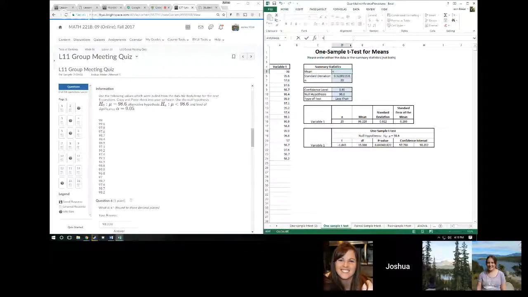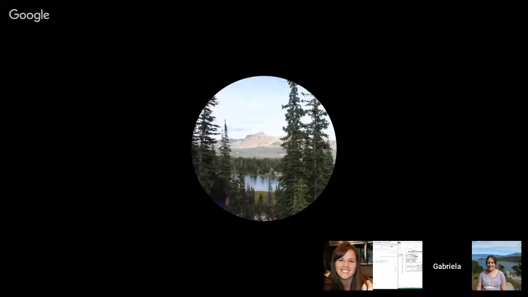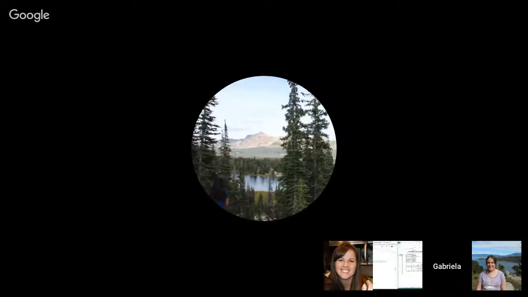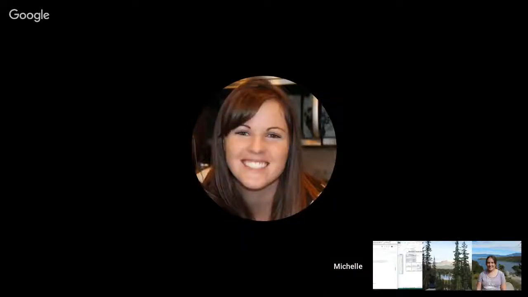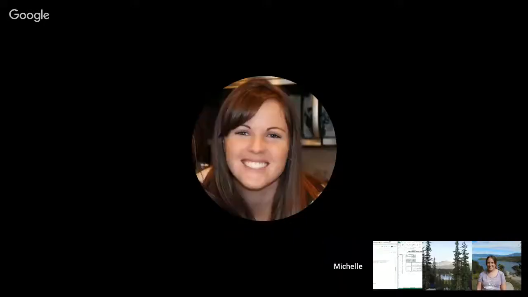I'll actually do it so you can see. Equals average open parentheses. And then I click the first cell and then drag down, A5 to, oh, it didn't drag. A5 to A24. Okay, so you got 98.22.